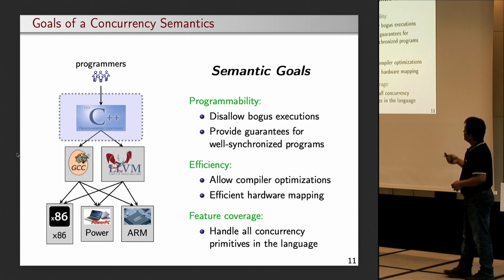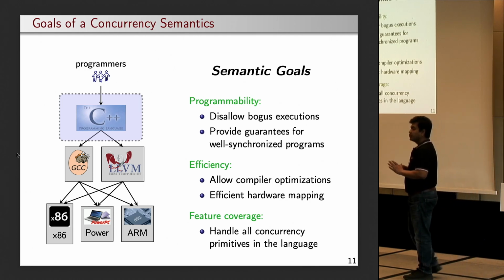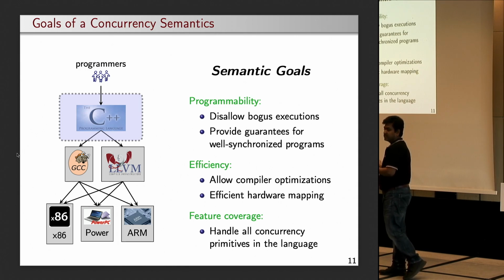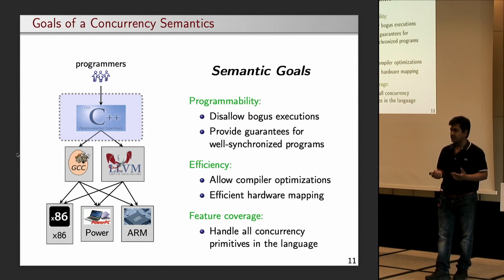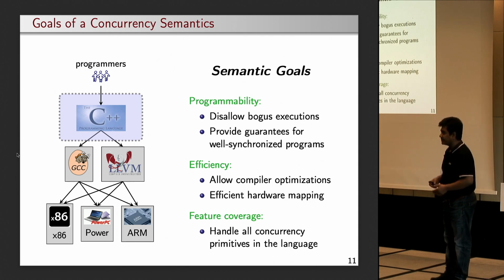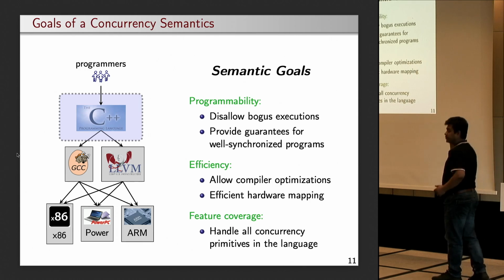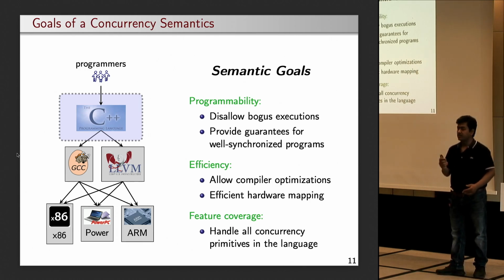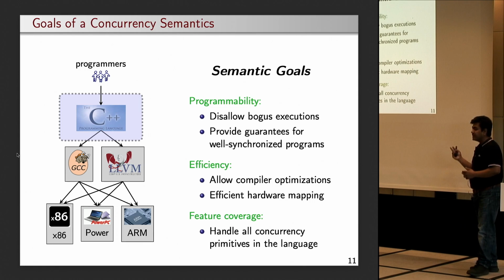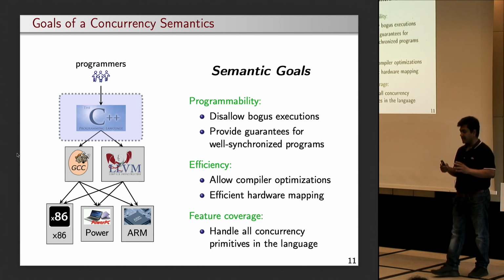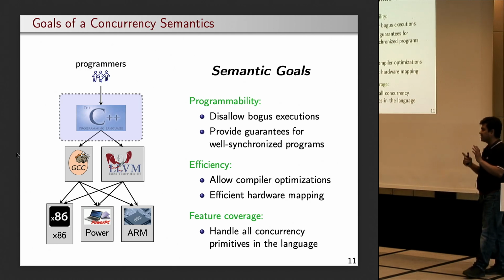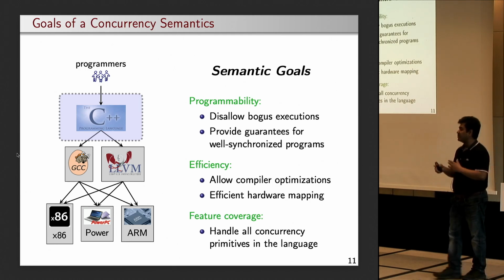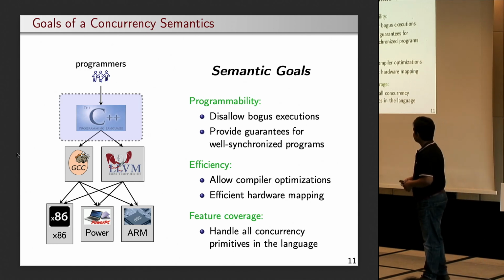For programmability, it should not create any bogus executions, or out-of-thin-air executions. We will see what I mean by that. And it should provide some guarantees for well-synchronized programs. What it means is that if we are writing a program with locks, and all the shared accesses are within the critical sections, then we should not have any complicated problems.